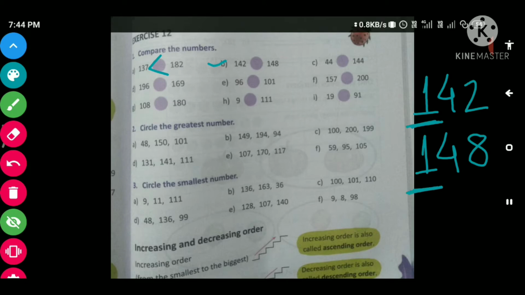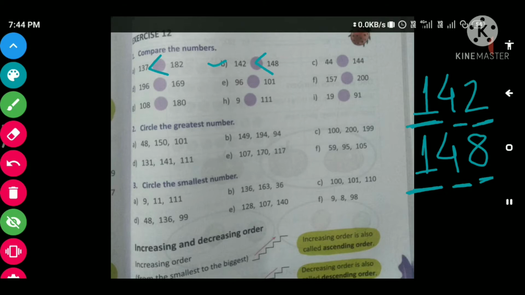Now we'll see the next place value. In the tens place also both have the same number, that is 4. So now we'll see the next place value, that is ones. Here you can see one number has 2 and the other number has 8. So 8 is bigger than 2. So which number is the bigger one? 148 will be the bigger one. So we'll give the sign towards 148.